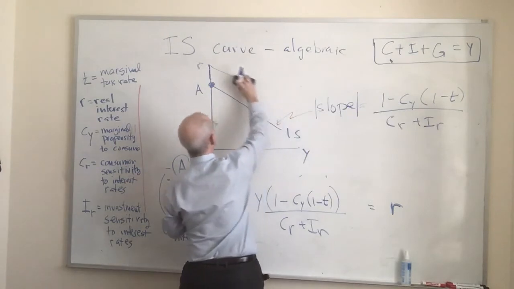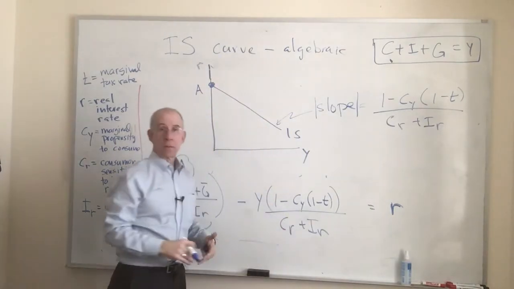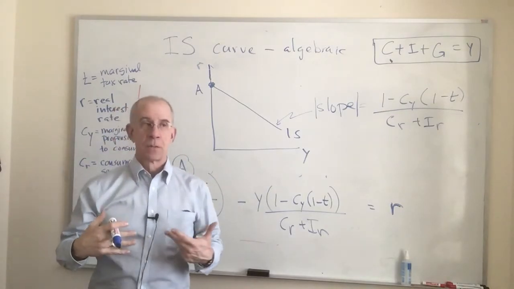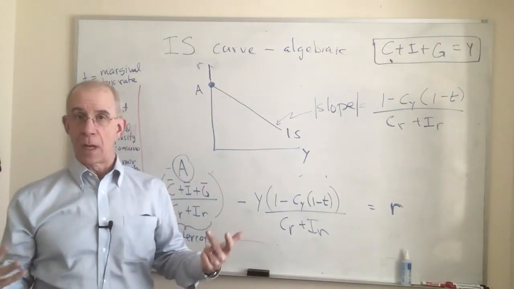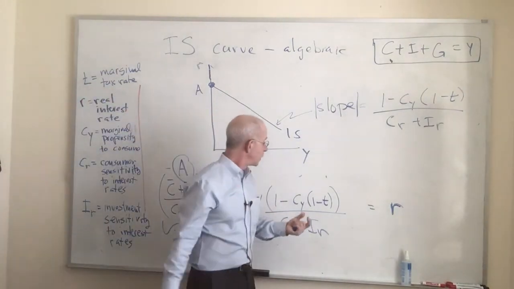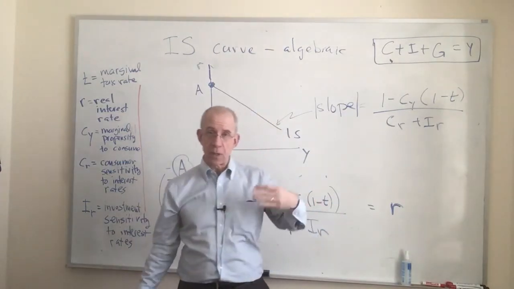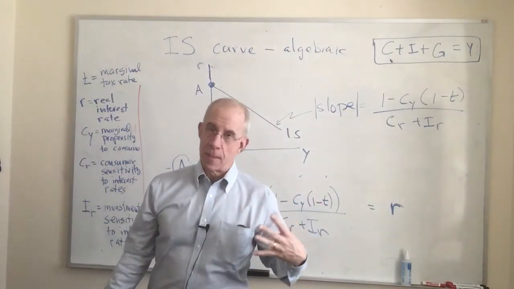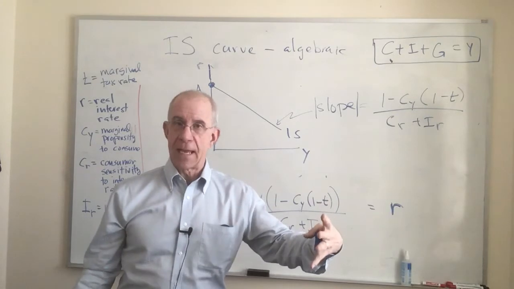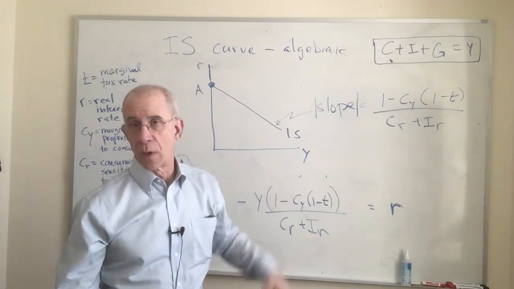What about something that will shift the slope of the IS curve? Well, one of the things would be a change in the marginal tax rate. Now, in the earlier video, we talked about just a simple lump sum tax system where that would just shift the IS curve one way or the other.